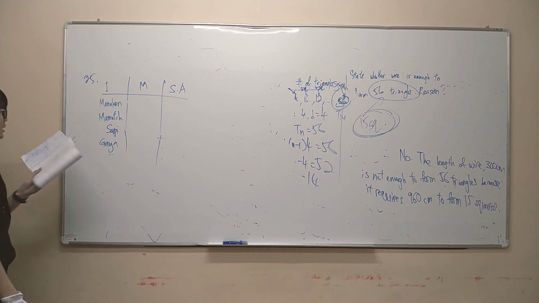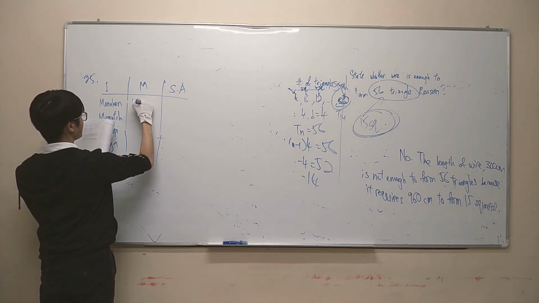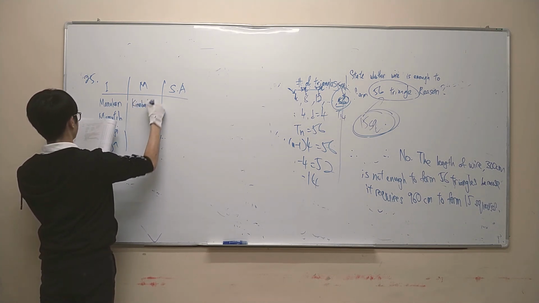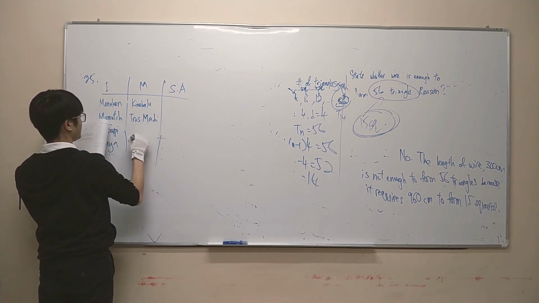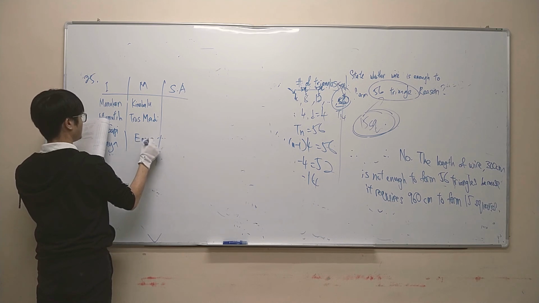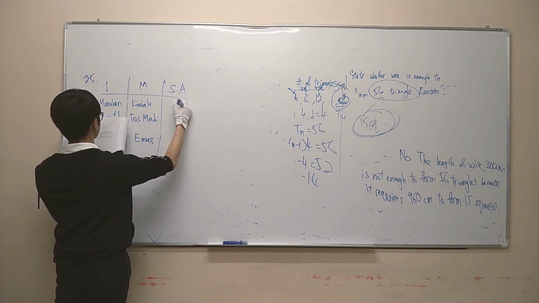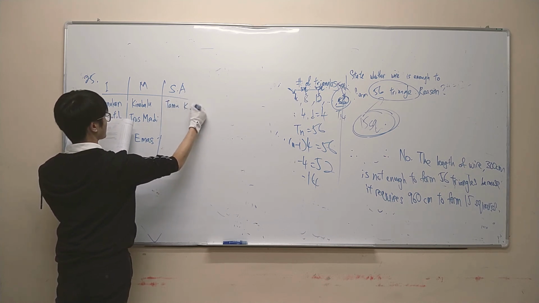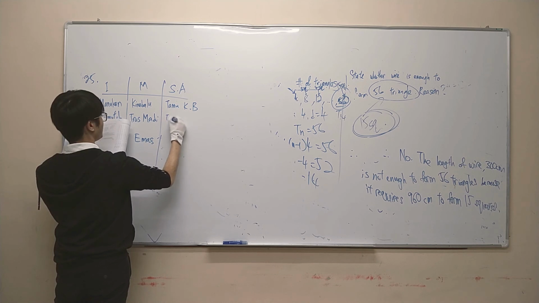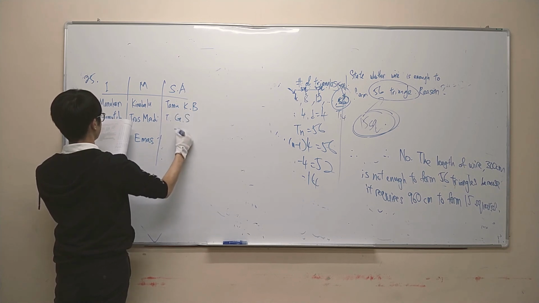Okay, I'll throw in Gaya. Then Kinabalu Mountain. Then Drusmadi. Then Emas, Mountain Emas. Then shopping area: Tamu Kota Belud, and then Tamu Gaya Street, and Tamu Tuaran.